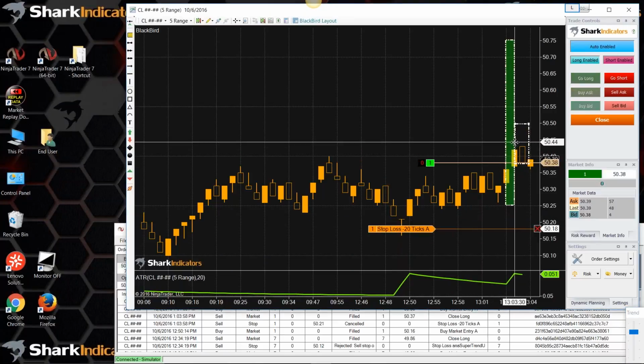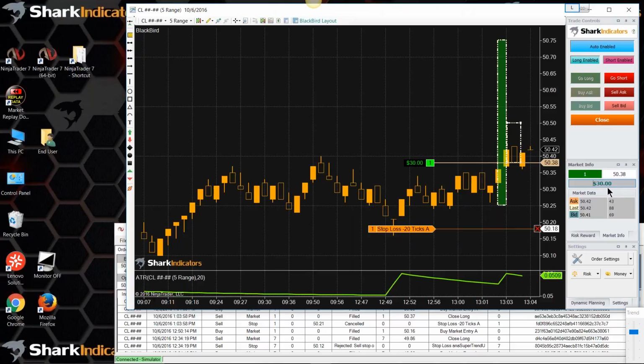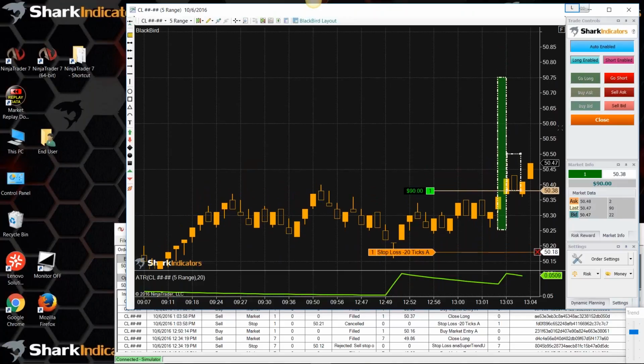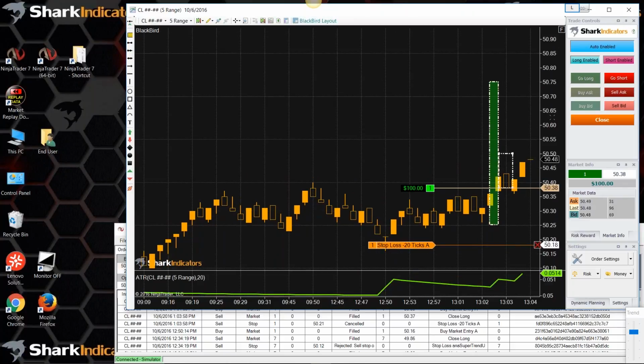So let's move this up here. And let's set our display here in dollar amounts. So there we go. We got $50 and $70 in profits. So once we hit $100, our stop loss will move up. And I'm going to lock the chart here so the chart doesn't move on us.